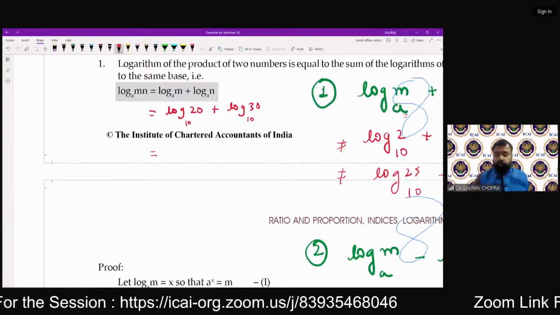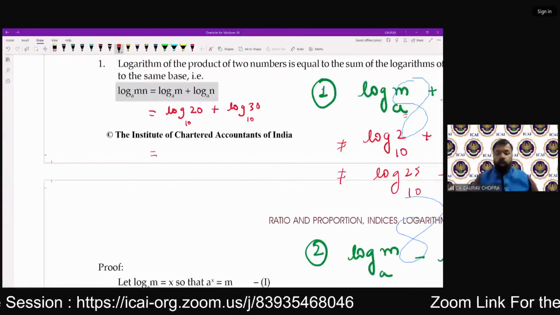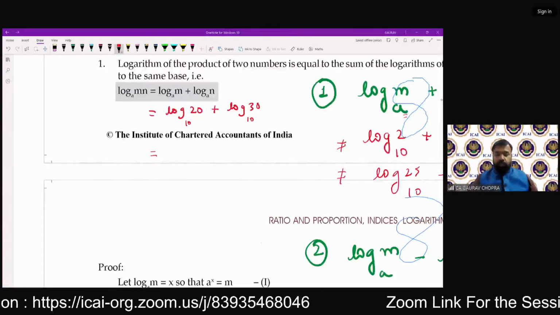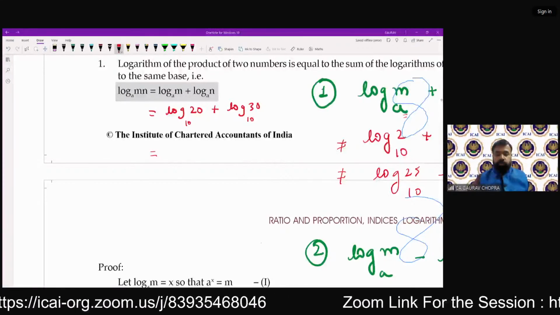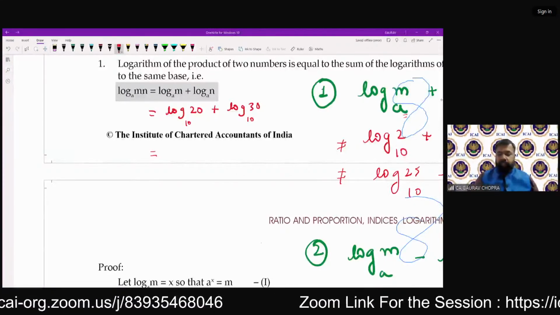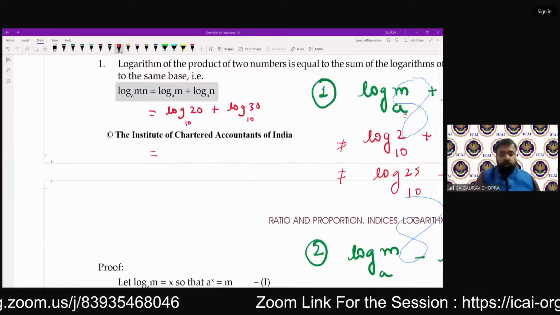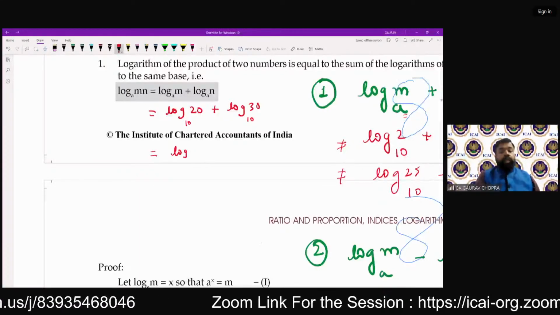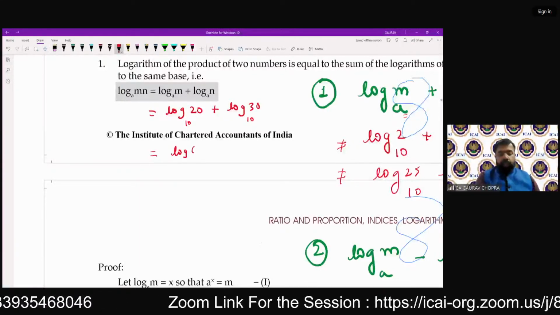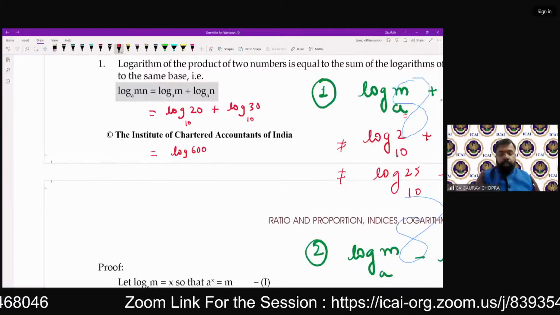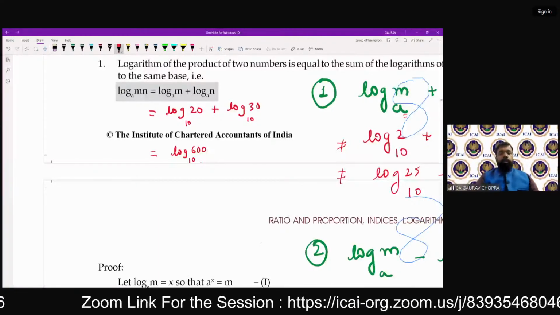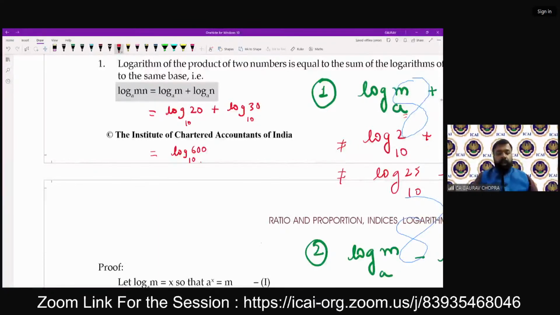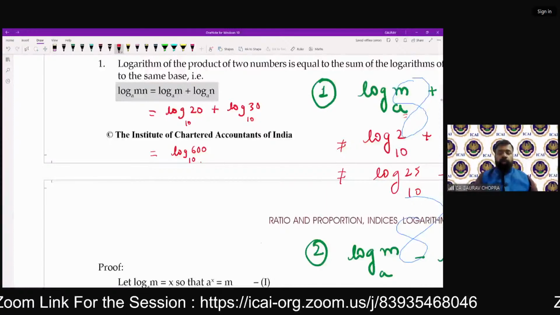What will be the answer? Log 50 or log 600? 600 exactly. So it will be log of 20 multiplied by 30, that is 600 base 10। So log m plus log n is equal to log of mn.